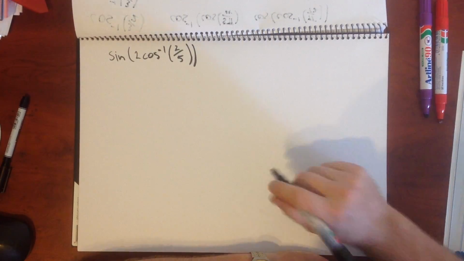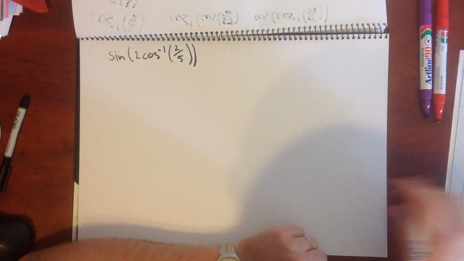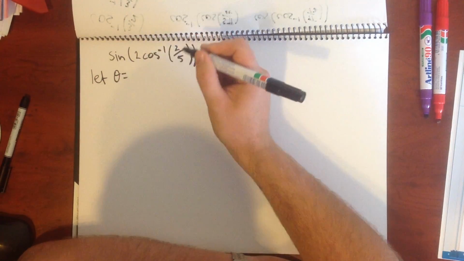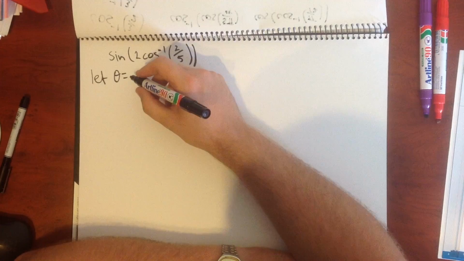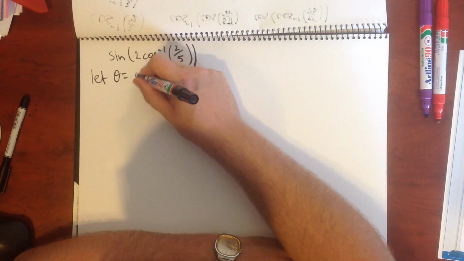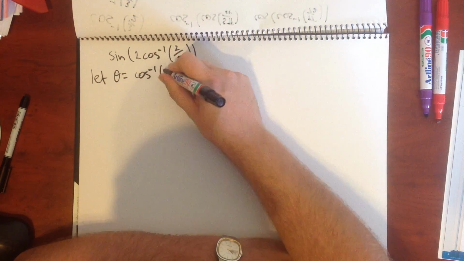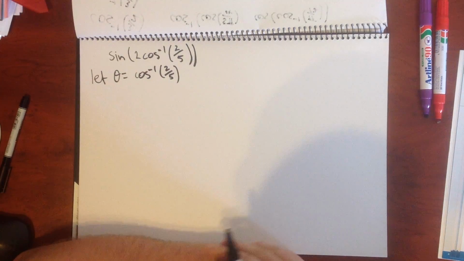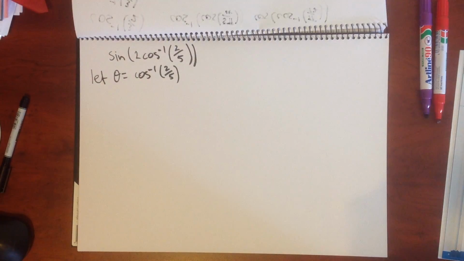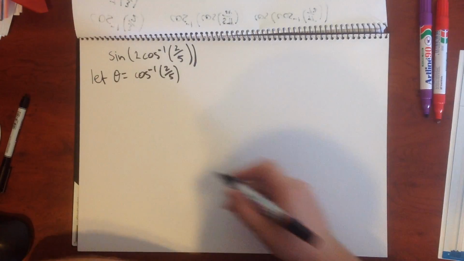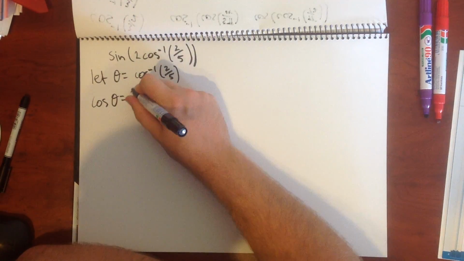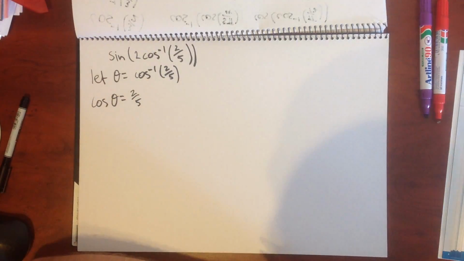What we're doing is saying, let's just say theta equals our inverse cos of 2 on 5. So that means cos of theta is going to be 2 on 5.